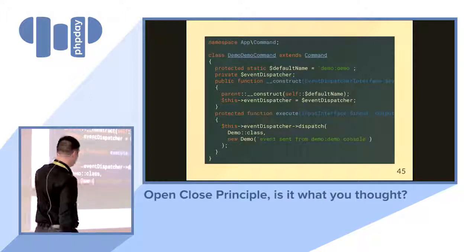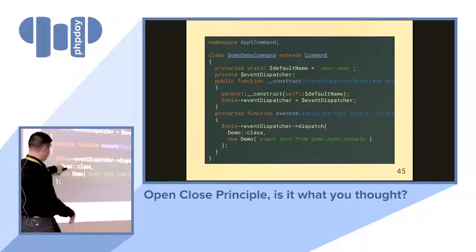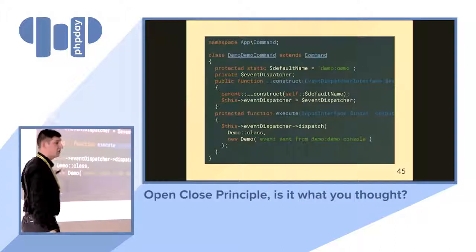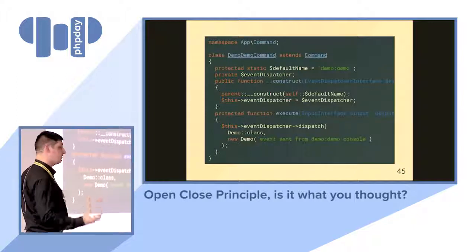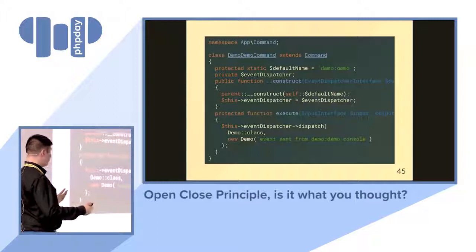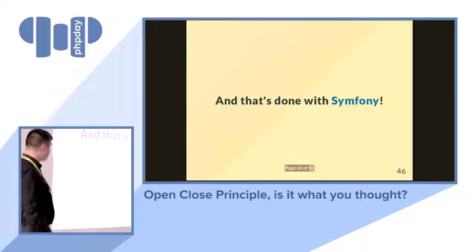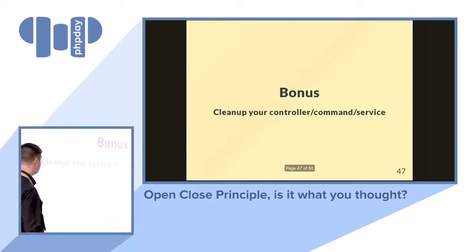In here, you can add more information if you want. You can basically pass anything you want in this demo class here, which is my event class. So you can have some more text, whatever you need at this point here. So it's a slightly different approach. And that's done with Symfony. That was the same as Laravel, basically.